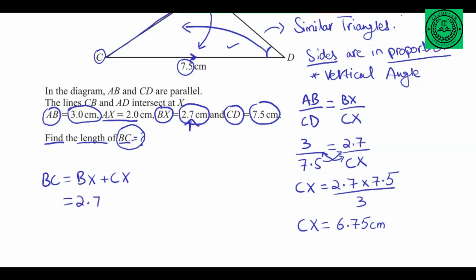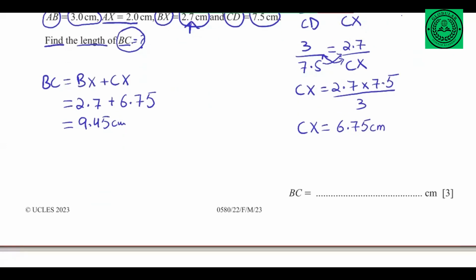And CX we have just got right now, it is 6.75. Now this is going to give us 9.45 centimeters. So BC is 9.45 centimeter long. We are going to just write the answer over here. It is 9.45. So we can get easily 3 marks out of this question.